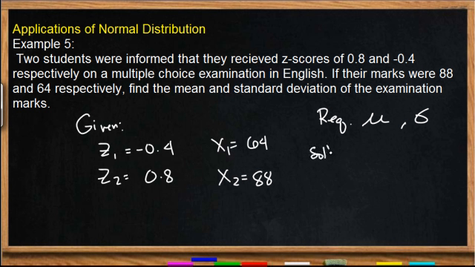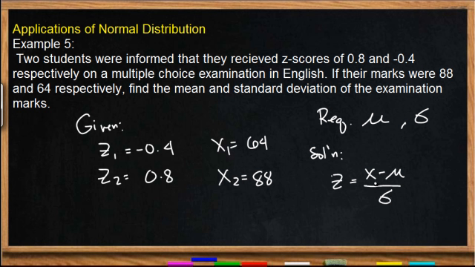Solution. Z is equal to what? General formula, X minus mu over sigma. Ang Z ug X pwede maglain-lain. Of course, maglain-lain ang X. Pero ang mu ug sigma is constant. Meaning, mu is the mean of the population. Sigma is the standard deviation of the population. Meaning, dili na siya maglain-lain.